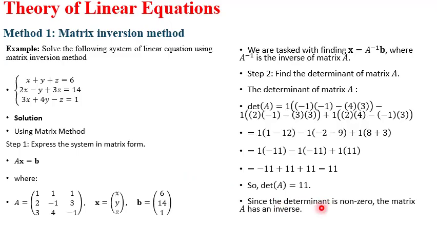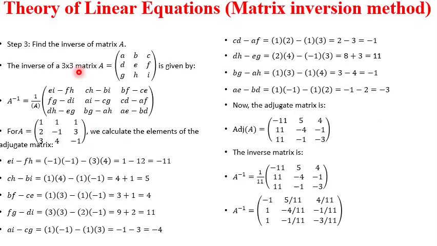And since the determinant is non-zero, that means the matrix A has an inverse. That means it has a unique solution. Alright, the next step is to find the inverse of matrix A. Recall that the inverse of matrix A equals 1 over the determinant of matrix A times the adjunct or adjugate of matrix A.